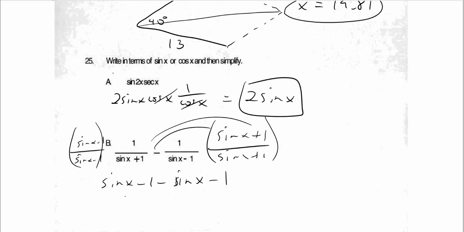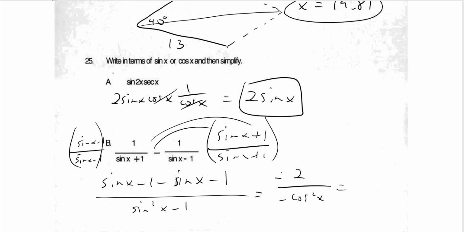Okay. And then divided by basically sine squared of x minus 1. And the signs cancel, so you wind up just getting negative 2. And then you guys should recognize this is not cosine squared of x. Again, if you need to write it out, it's actually negative cosine squared of x. Okay, and then the negatives cancel. I can move that cosine squared on top, so I get 2 secant squared of x. Okay, pretty reasonable. Okay, moving on.